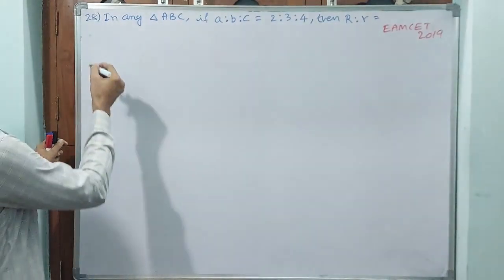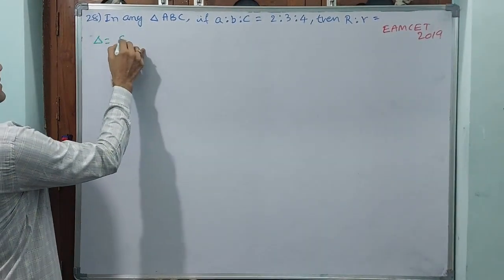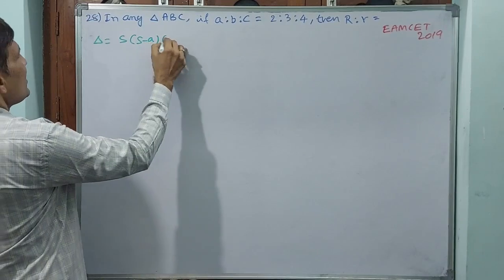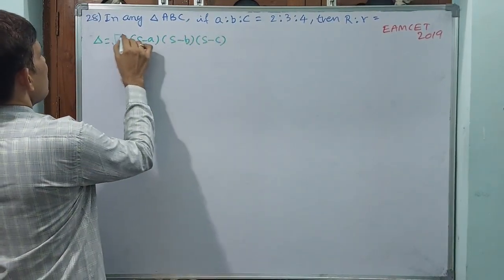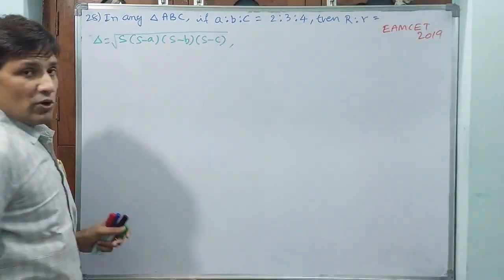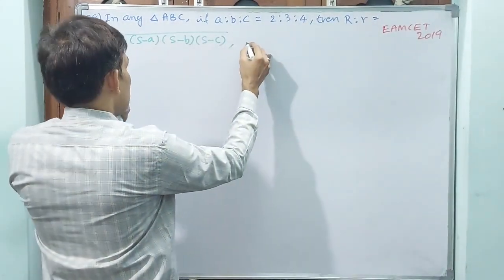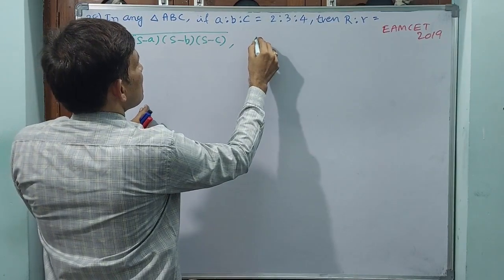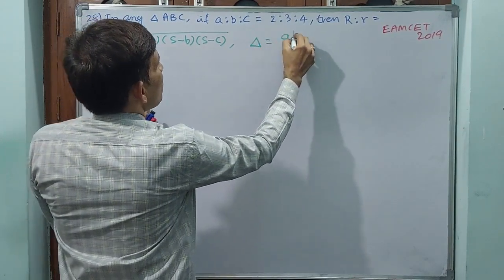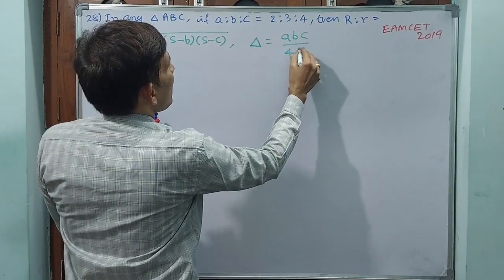This formula we know very well: delta is equal to root of s into s minus a into s minus b into s minus c. But another formula: delta is equal to abc by 4R.